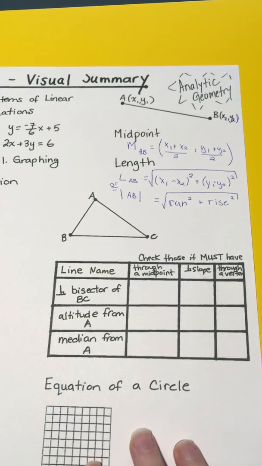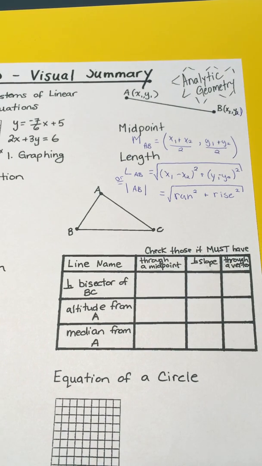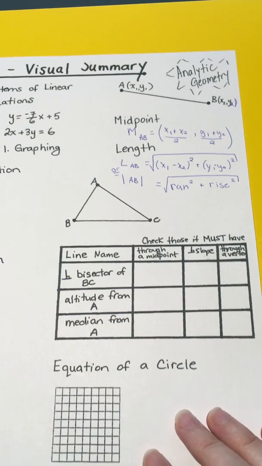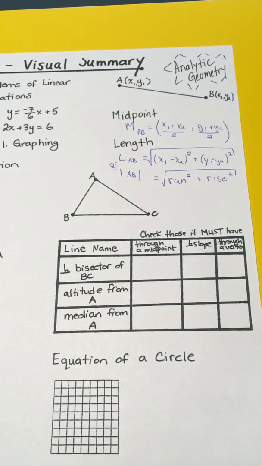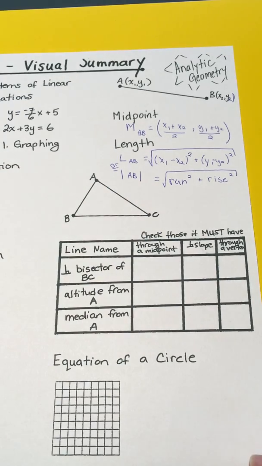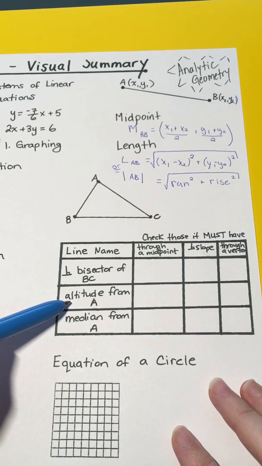The next thing we did was learn some information about triangles specifically. We learned about bisectors, so perpendicular bisectors, altitudes, and medians. So what I'm going to do is draw one here, then we're going to go down and pick out everything. So let's do altitude first.